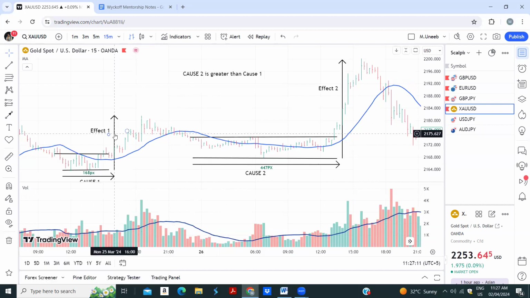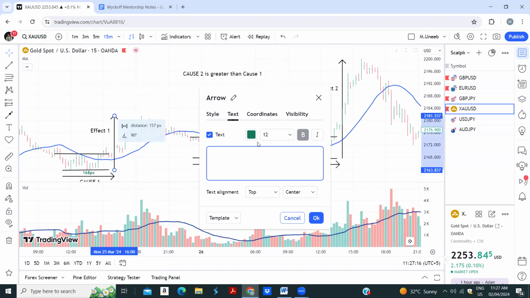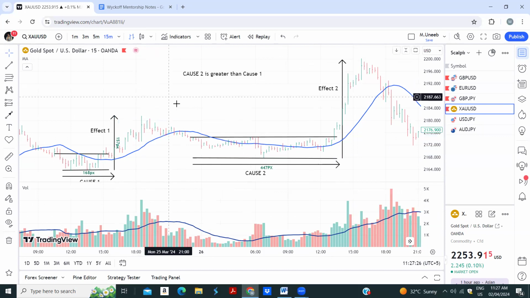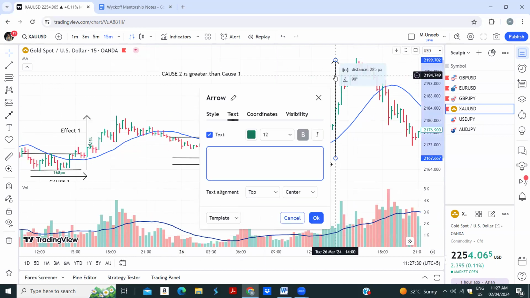Now let's go for the effect. 157 px. 285 px.